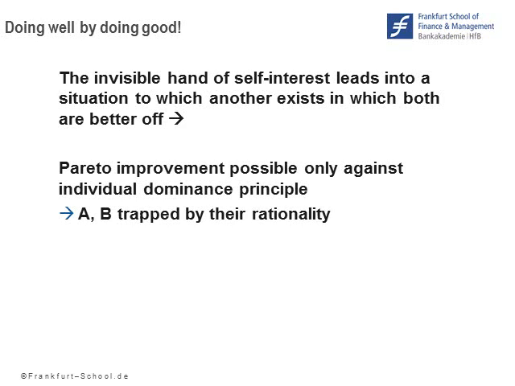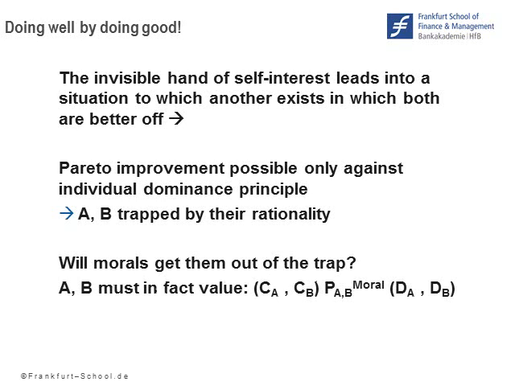The two, A and B, are trapped by their rationality. They can't exchange, they can't go to the division of labor and all this because they are rational and know that they are rational in such a situation. And the great question is then, will morals get them out of the trap? And it can do so if morals leads them to a re-evaluation of their actions or the situation emerging from the actions.